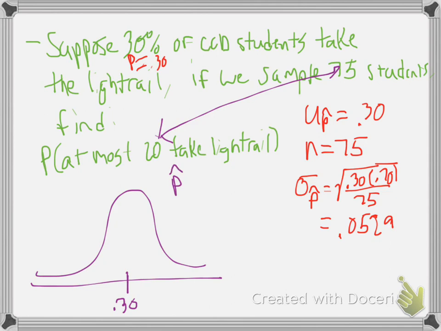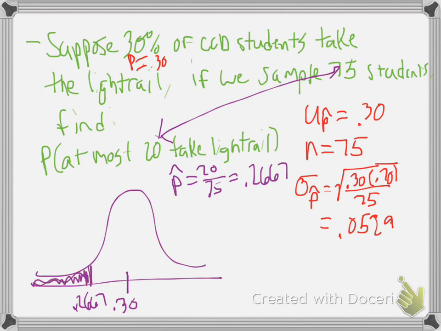We do 20 divided by 75, and we get 0.2667, repeating. So 0.2667 is on the left, and since it says at most, we want to shade to the left.